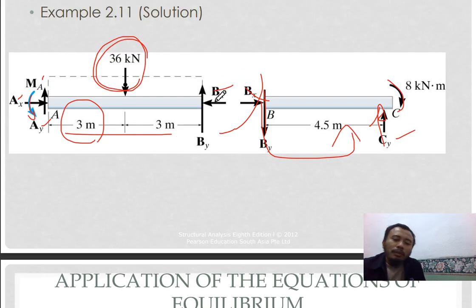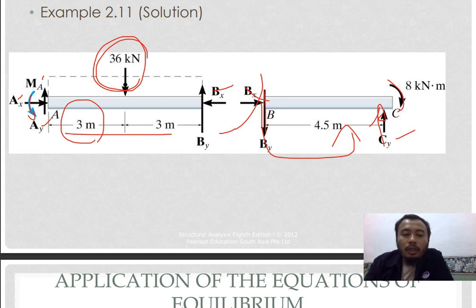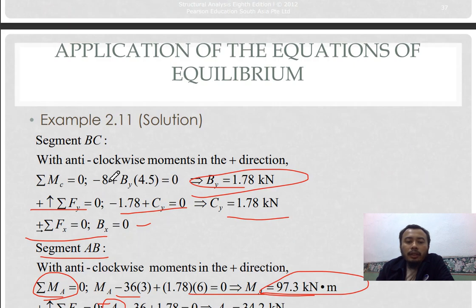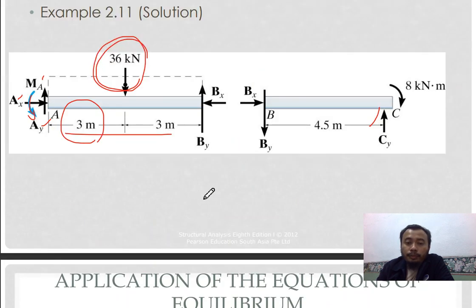One thing just to remind you is that when you are analyzing a frame, make sure that for this example, we assume the By is acting negative, acting downwards. Usually we assume it's positive, but in this case, if you're looking at a structure like this, logically By will be downwards because you want to counter the value of Cy.